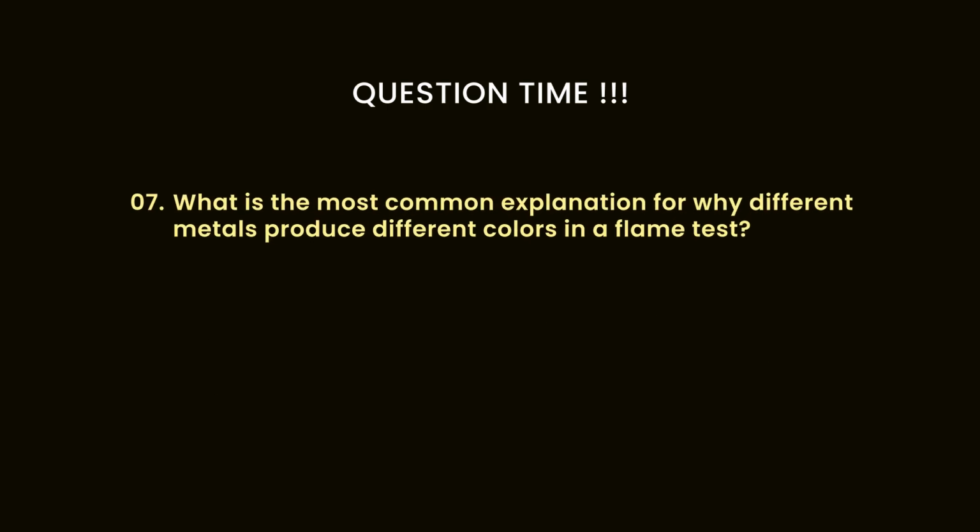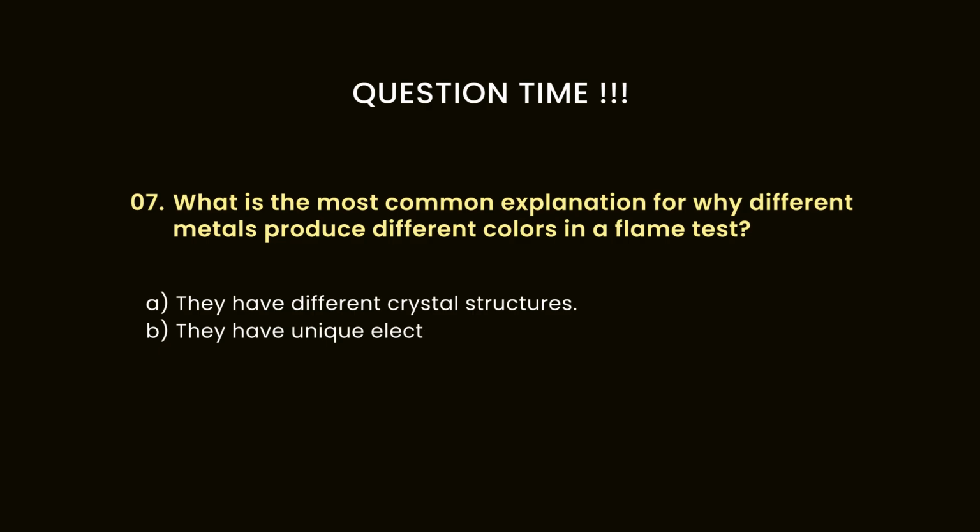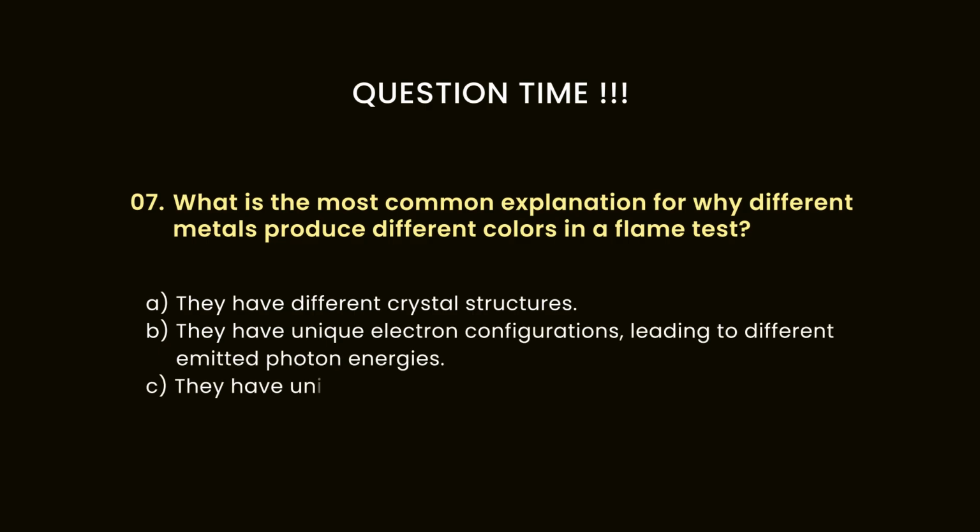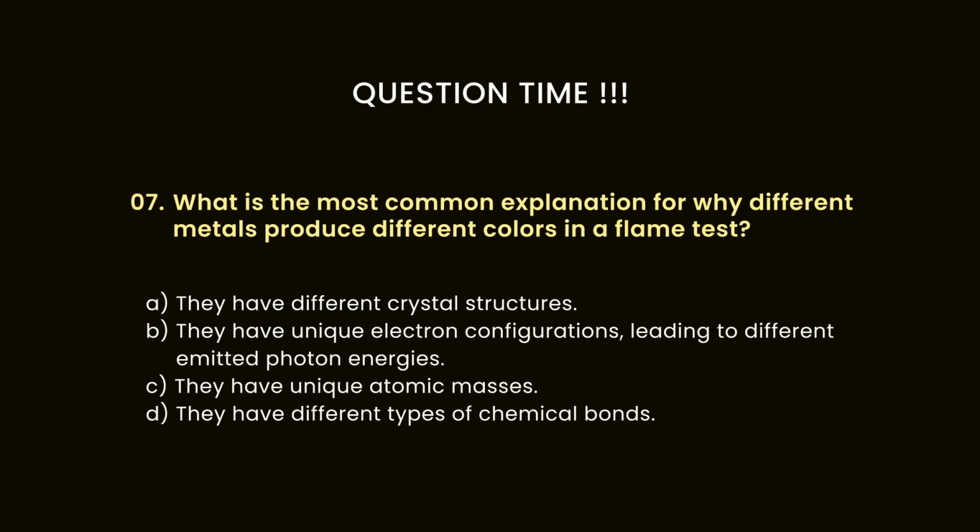Question 7. What is the most common explanation for why different metals produce different colors in a flame test? Answers are: A. They have different crystal structures. B. They have unique electron configurations, leading to different emitted photon energies. C. They have unique atomic masses.